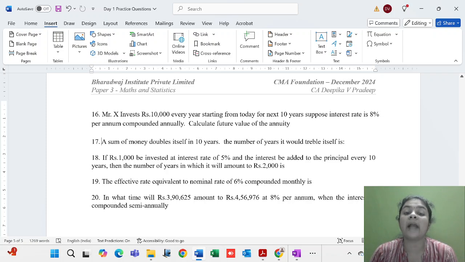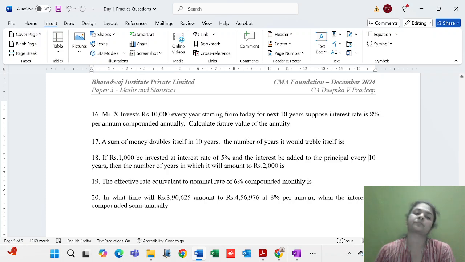So interest is keeping on increasing. Very simple. You just have to calculate the compound interest for 1000 rupees where the amount is going to be 2000. Rate of interest is 5%. You have to calculate N.